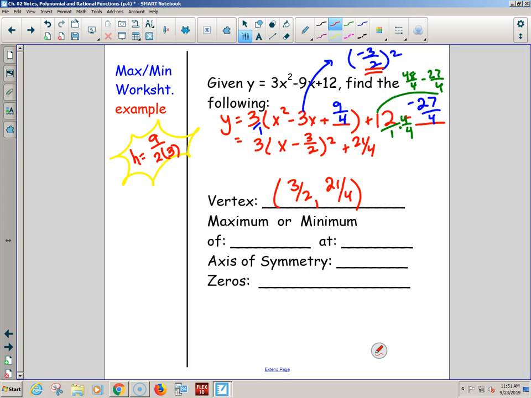To get him, do you realize that instead of just arriving at the answer, we would have had to plug in from the very beginning and do 3/2 squared plus -9 times 3/2? If you didn't like this little baby one, you're not going to like that one. So my own personal preference is just to do this little baby one instead of that big one to get there. How are we going to answer the max or min?